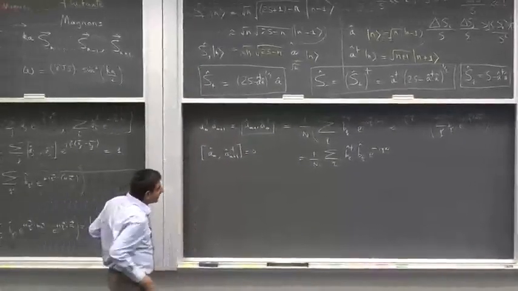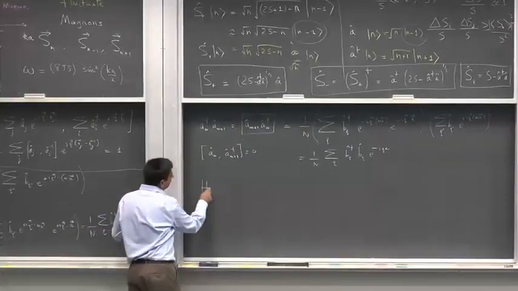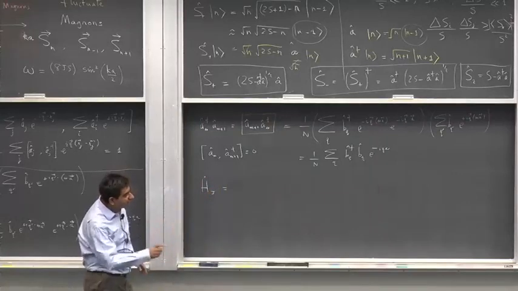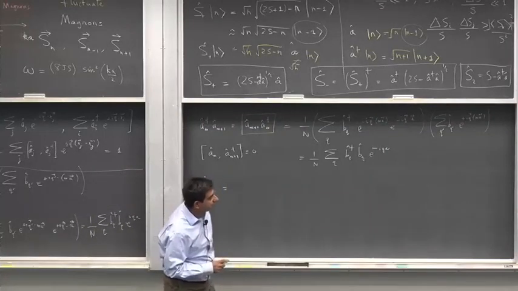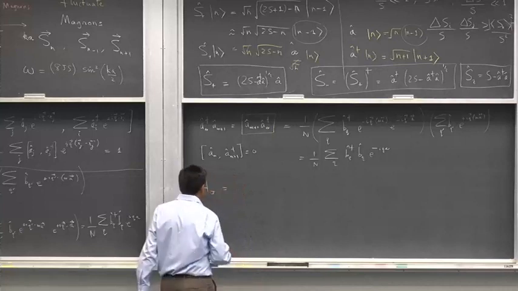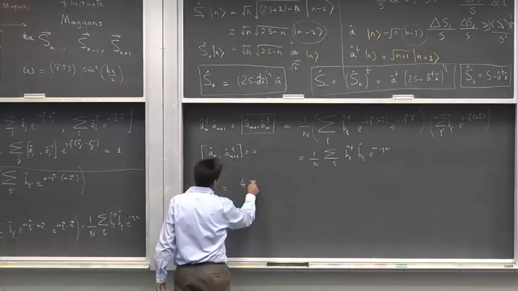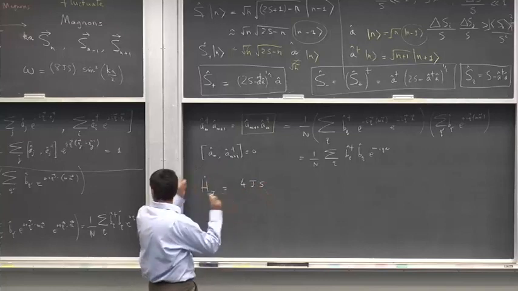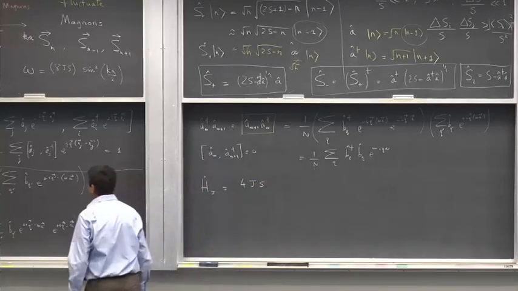Now I can write down the Hamiltonian. The Hamiltonian for the entire spin system, which is the exchange Hamiltonian, is given by 4JS into am dagger am squared, which is this thing over here.